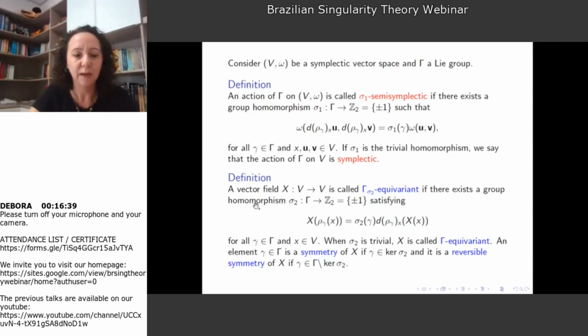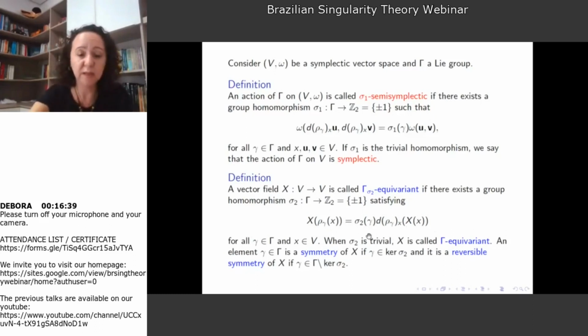And now the vector field. With respect to the vector field, we say that a vector field is gamma sigma 2 equivariant if there exists a group homomorphism sigma 2 satisfying that the vector field at rho gamma x is sigma 2 of gamma times the differential of rho gamma applied to the vector field at x.